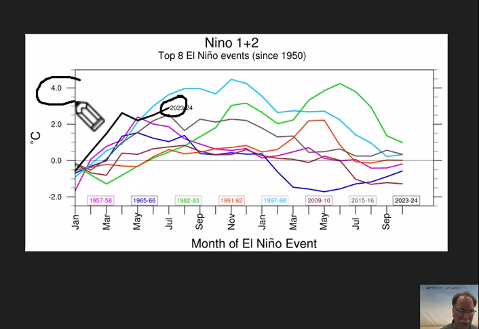This is the 4 degrees area right here, so we're very close right now to what it looked like in that 1997-1998 El Nino winter, El Nino time period, that El Nino event. I mentioned the 1982-83. That is also on this plot right here. That is the green right in this region right here.